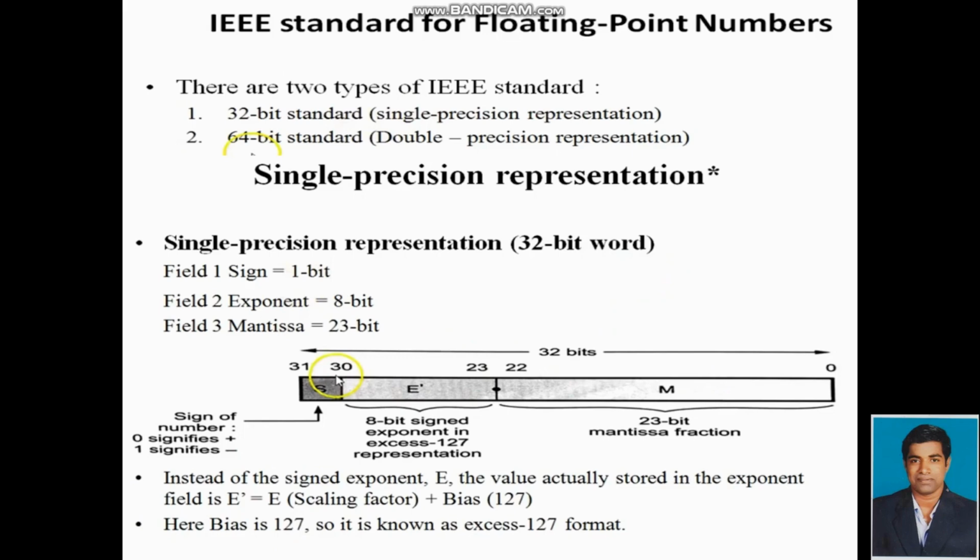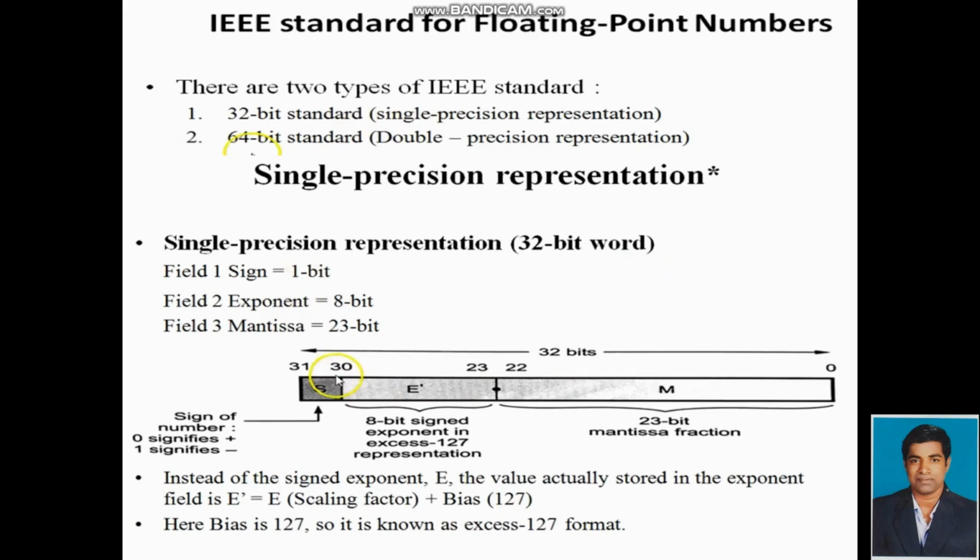In the picture depicted for single precision, we have 32 bits, in which the most significant bit is the sign bit, then the least significant portion is the mantissa, and the mid portion is the exponent. We have 8 bits for the exponent, which can represent a maximum of minus 127 to plus 127.